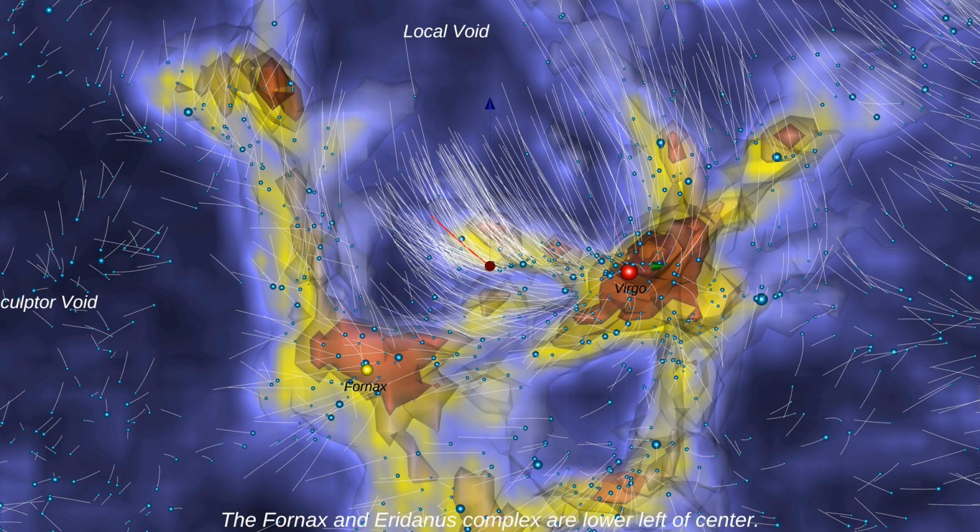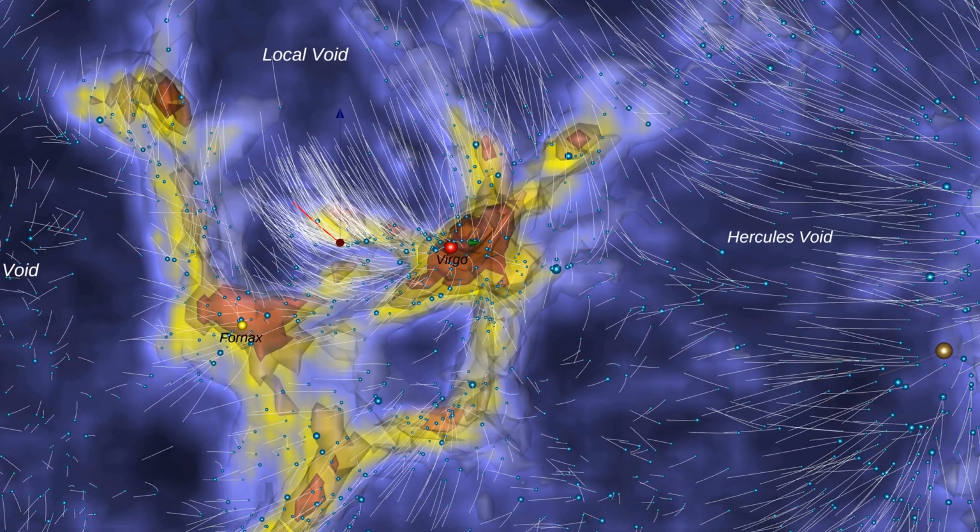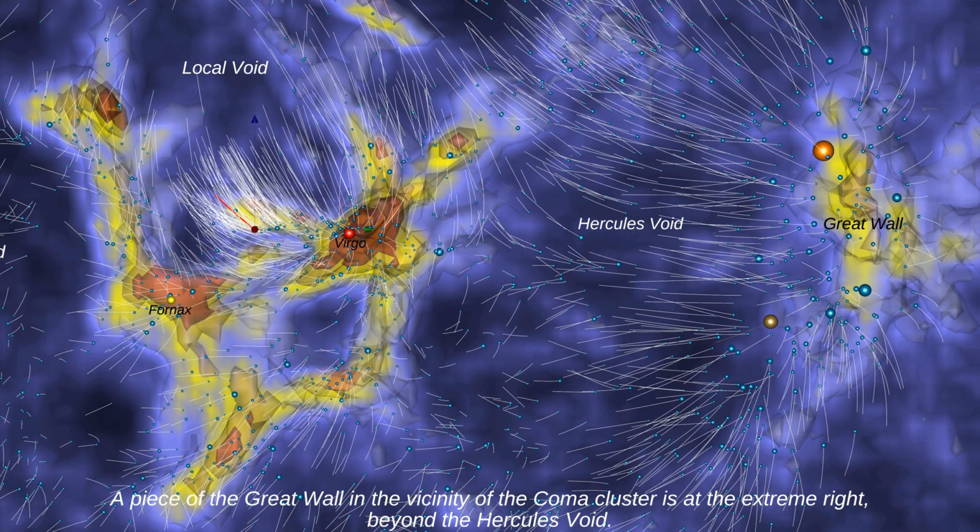The Fornix and Eridanus complex are lower left of center. A piece of the Great Wall in the vicinity of the Coma cluster is at the extreme right, beyond the Hercules void.